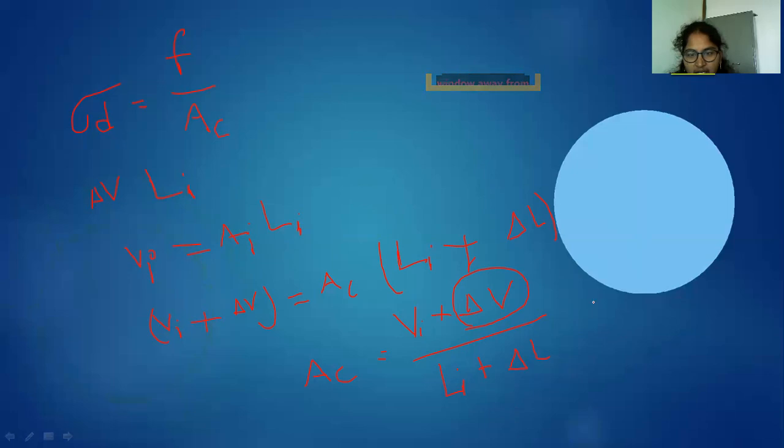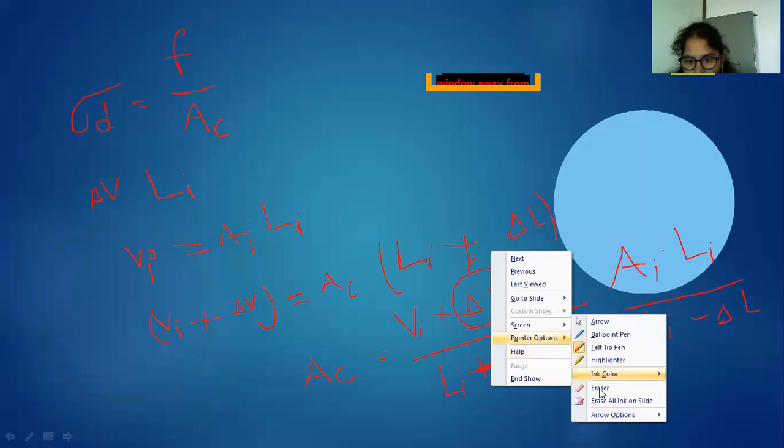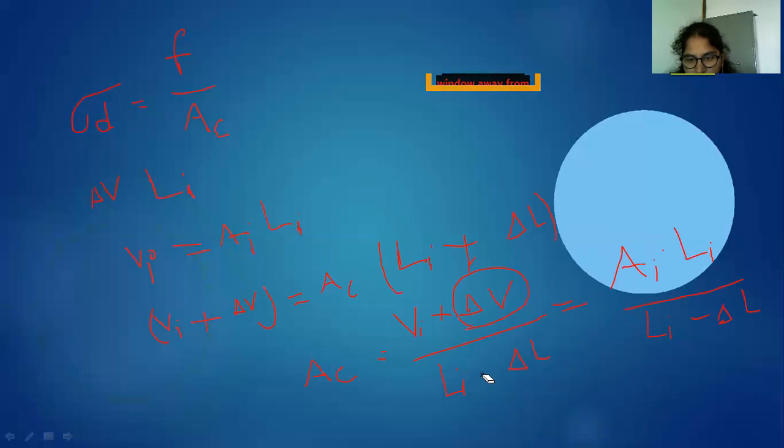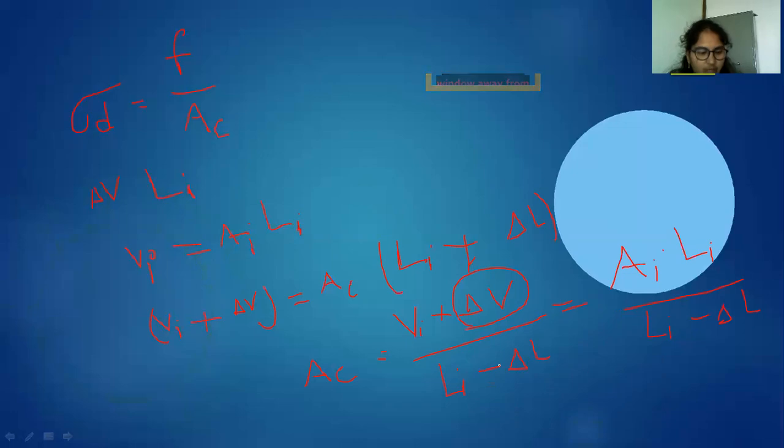Substitute in the particular equation, that is equal to Ai into Li by Li minus delta L. Sorry, here also it is minus.